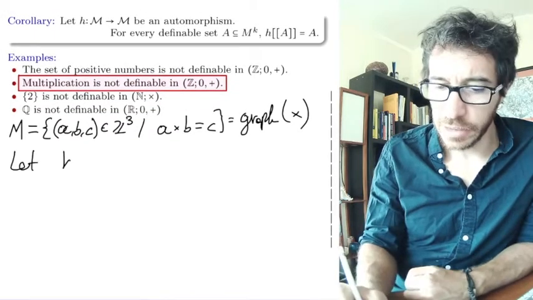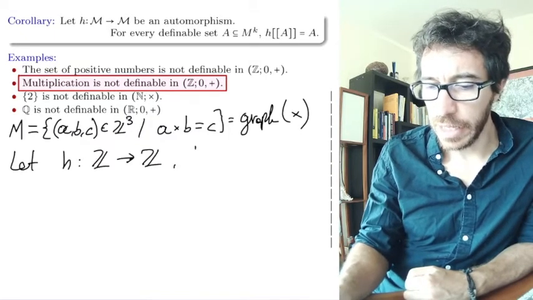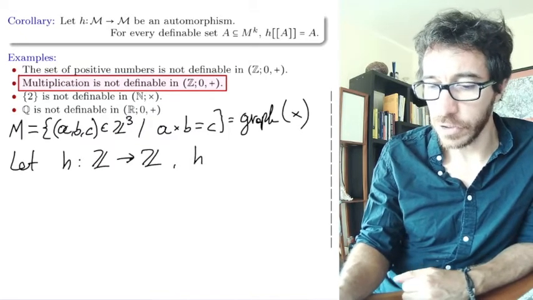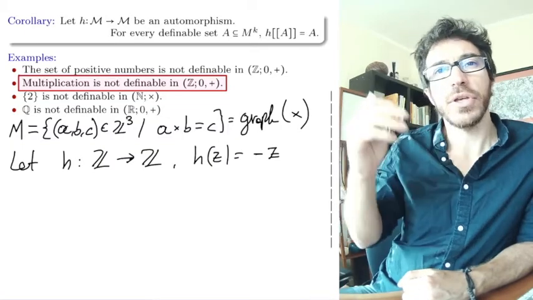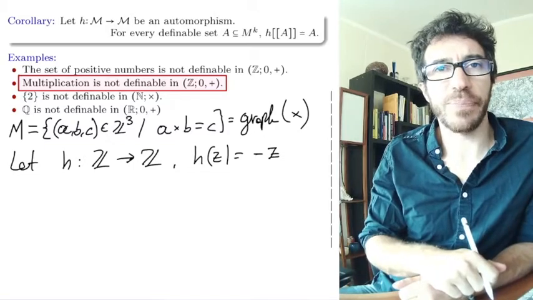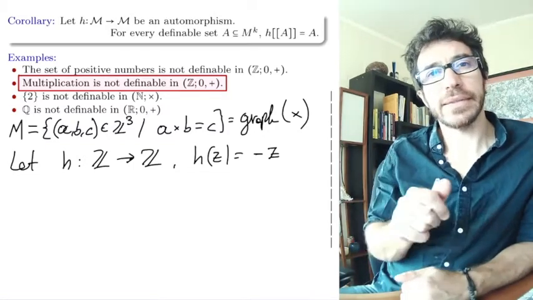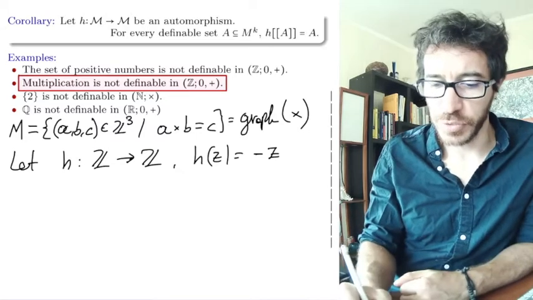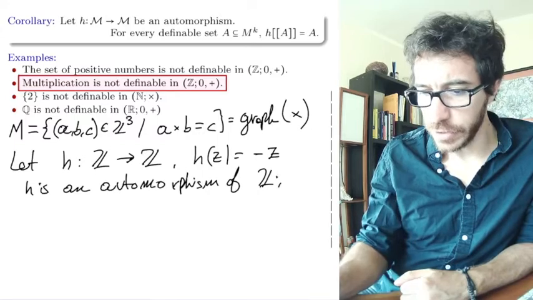Well, this is the automorphism we're going to take. Let H from Z to Z be the map H of z equals negative z. We saw this in the previous video using the reals instead of the integers, but it's not hard to show that this is an automorphism. So H is an automorphism of Z, 0, and plus.